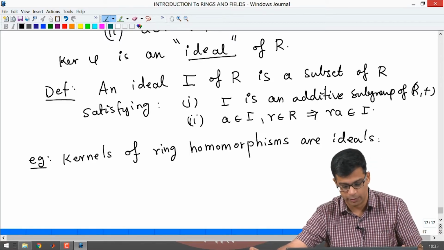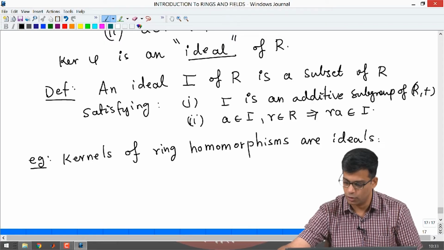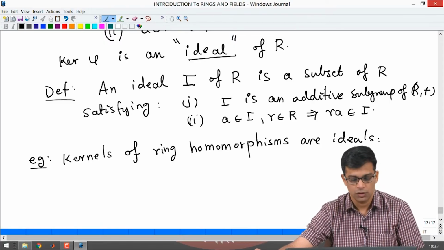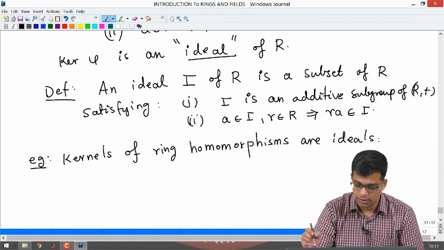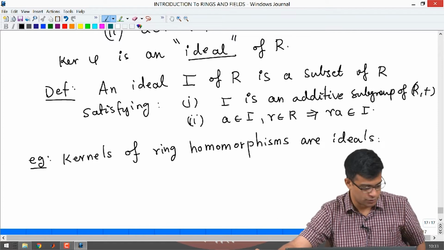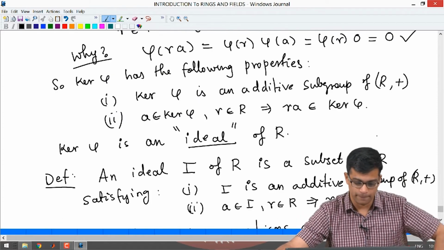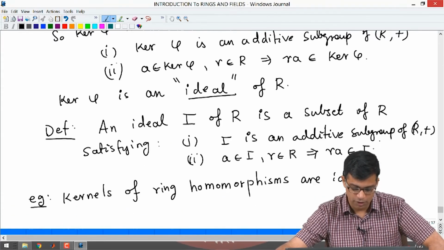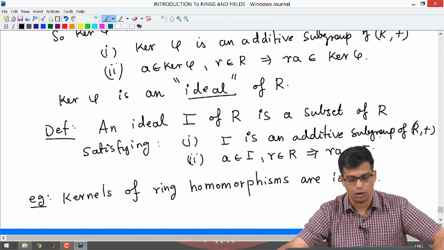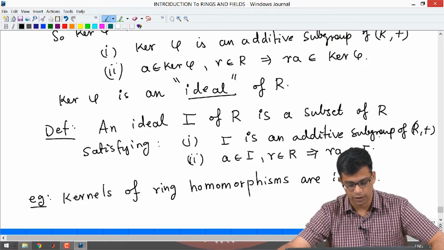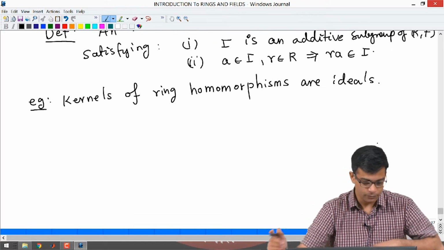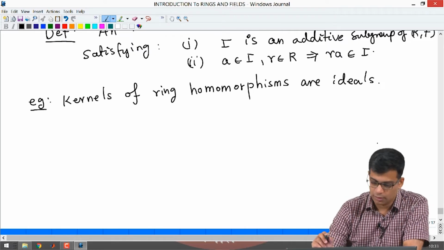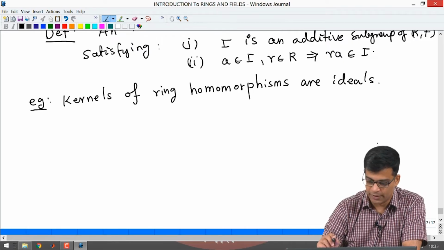In general any ideal can be realized as the kernel of a suitable ring homomorphism. So, the most important examples of ideals are the kernels of ring homomorphisms. Okay. So, we started with the definition of a kernel of a ring homomorphism, and we noticed that it is not a subring, but it is what we now call an ideal. In order to understand more about ideals, let us look at some examples.